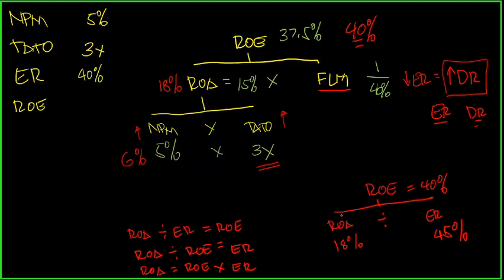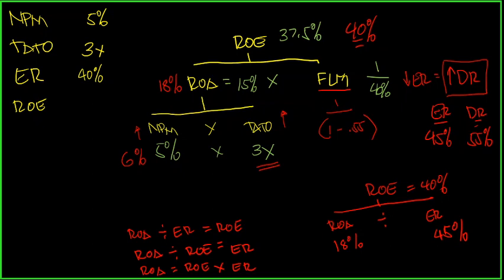Okay po, so now to answer the question, what should be the equity ratio? It should be 45%. And what should be the debt ratio? It will be 55%. And if you're looking for your financial leverage multiplier, this will be 1 divided by 100%, or 1 minus the debt ratio, which is 0.55.